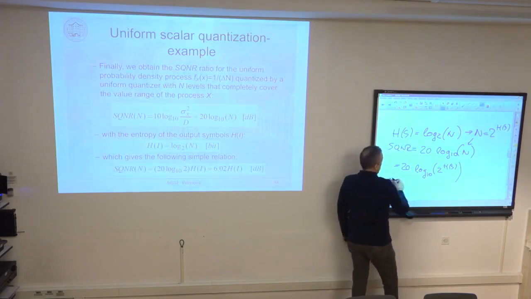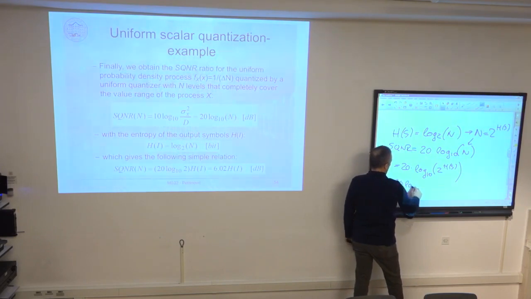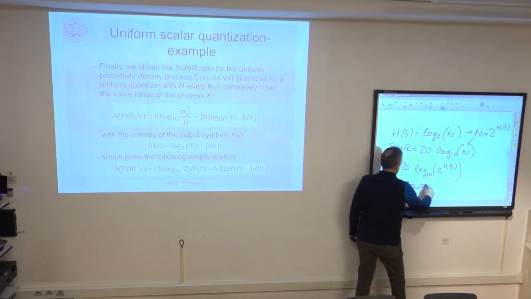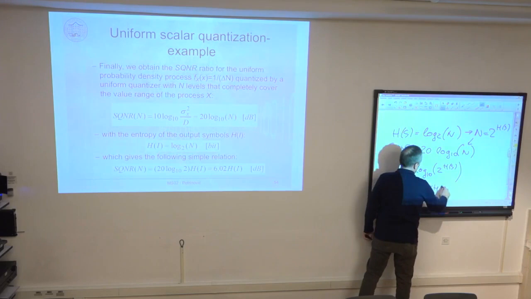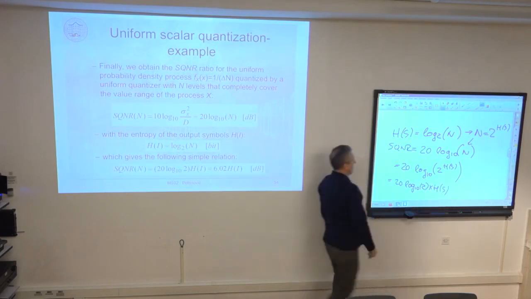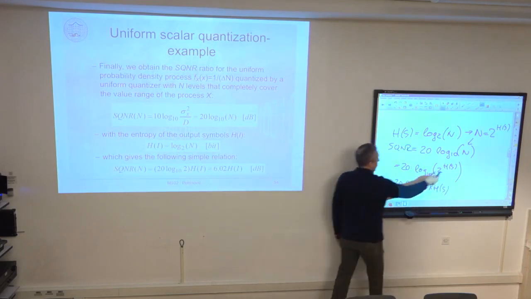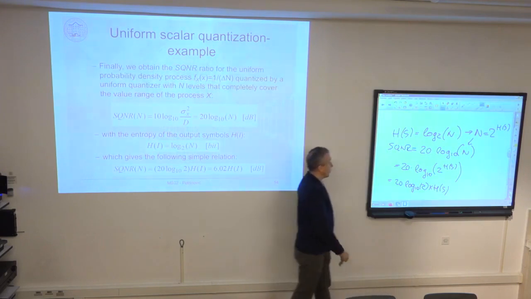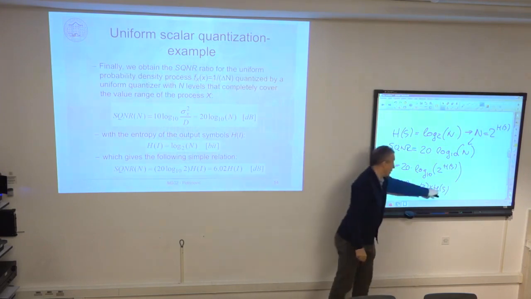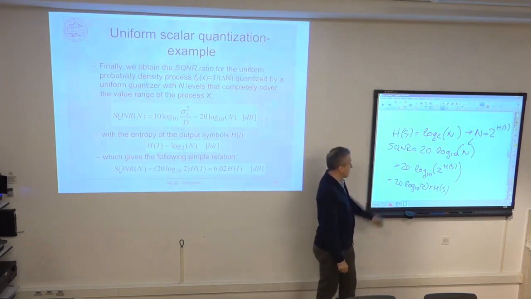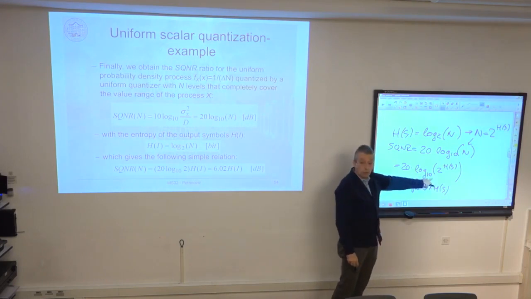And of course I can extract it in front of this. So it is 20 logarithm base 10 of 2, but times h of s. Okay? So this exponent is extracted in front of the logarithm. So 20 times h of s, logarithm base 10 of 2.